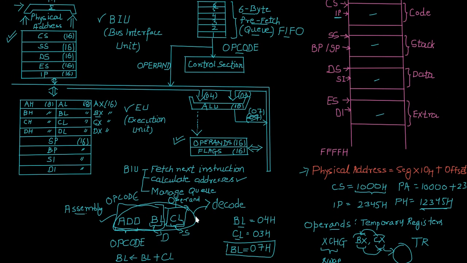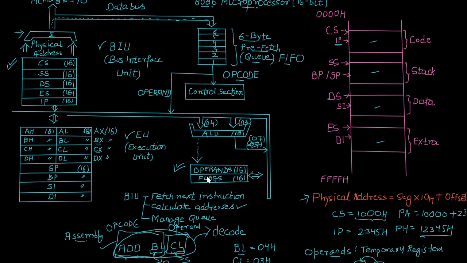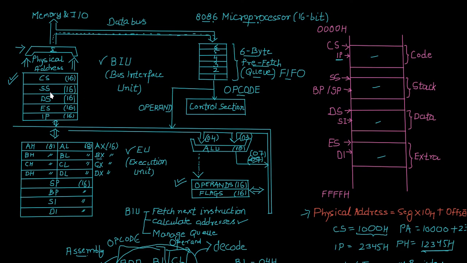Alright, so now you can see what we have done is we have fetched the instruction from the main memory by calculating the physical address, and inserted it in the queue. The queue will pass the instruction to the control section where it is decoded.